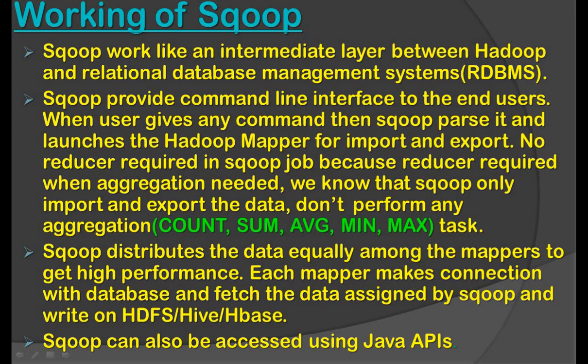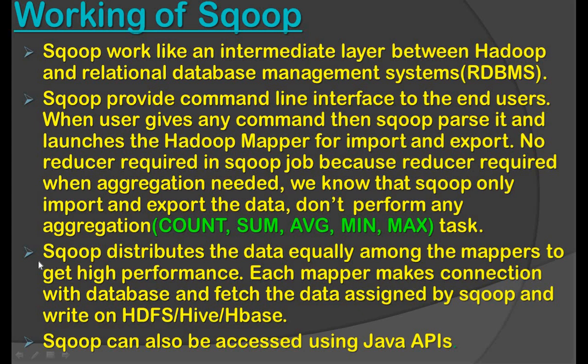That's why Sqoop does not use the reducer, because in the reducer we do aggregation tasks, meaning count, sum, average, mean and max. Sqoop does not perform these tasks, so it does not need the reducer.